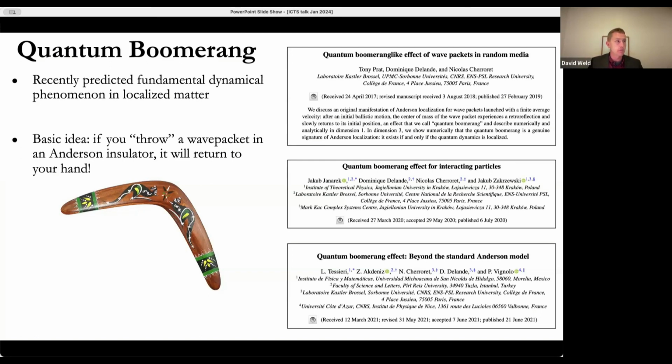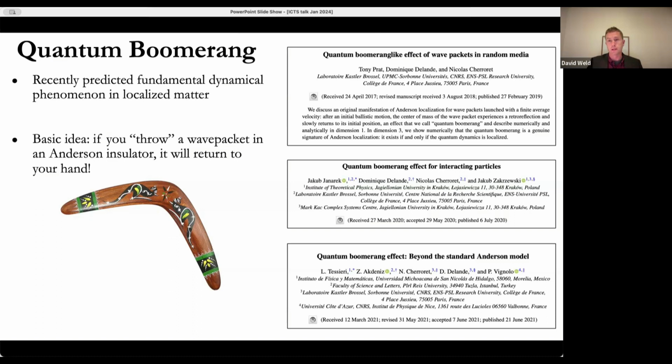So the idea is if you imagine yourself as a tiny person standing inside a disordered potential, which characterizes an Anderson insulator, and you take an electron wave packet in your hand and throw it away from you, the classical expectation in a disordered landscape like that would be that it would bump along for a while and then come to rest at some distance from you.